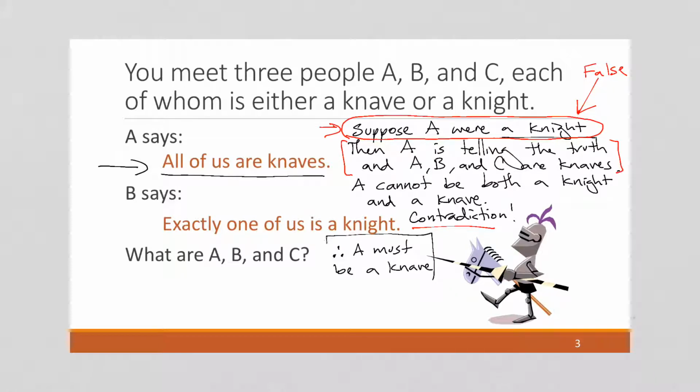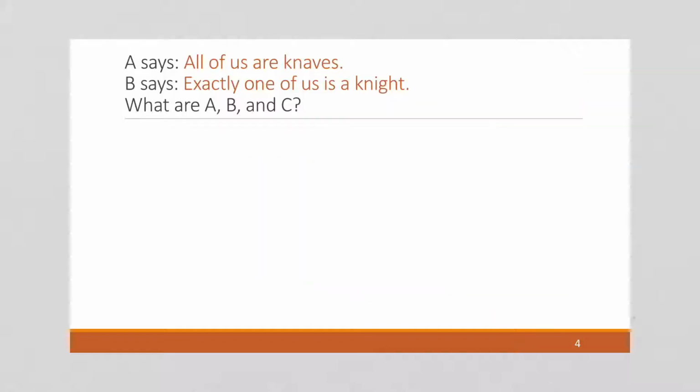Right. So we've solved part of this puzzle without even looking at what B said. Now, B says exactly one of us is a knight. Let's think about this on the next page where we have a little bit more room.